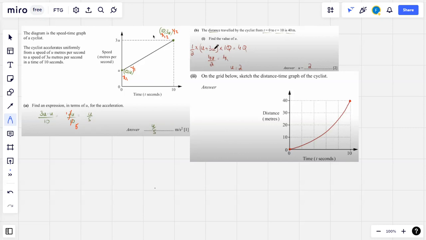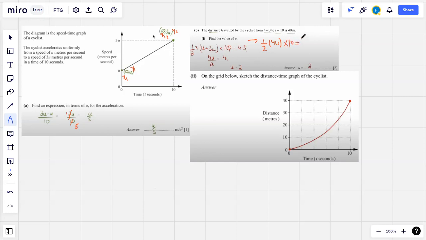So u plus 3u, multiplied by the height of the trapezium, which is the distance between the two parallel lines, and that equals 10. So I have used height as 10. u plus 3u gives 4u, times 10, equals 40.